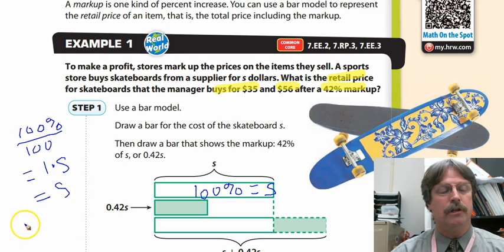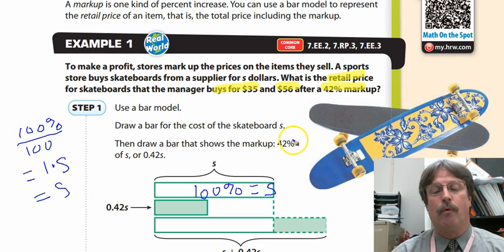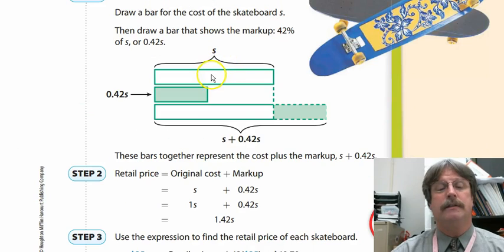The 0.42 is when they took the 42% and divided that by 100, and you got 0.42. What they're showing you here is they're taking the 1S, which I just previously showed you, and the 0.42, and since it's a markup, it's going to be the original price plus the 42%.